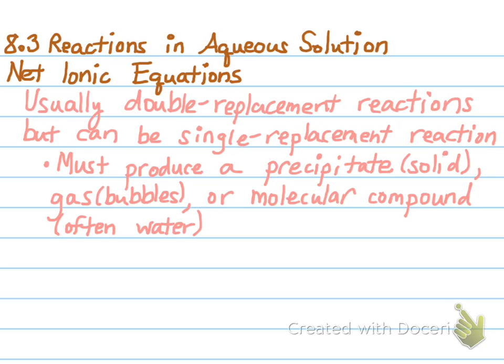So again, these reactions that are going to happen in these aqueous solutions, so these ionic compounds that are dissolved in water, okay, when we mix them, we usually have some sort of double replacement reaction, and something has to happen for us to know they've occurred. So we must produce a precipitate, which is a solid.